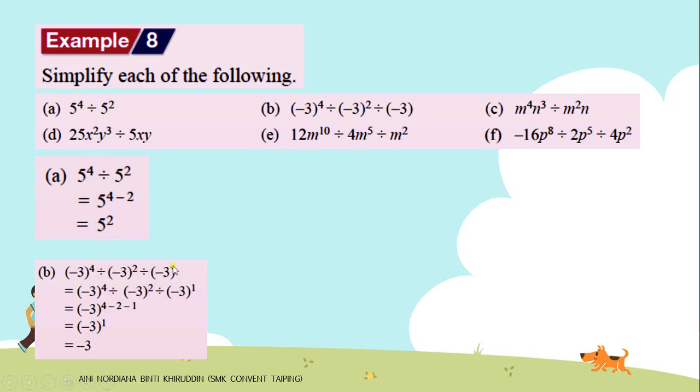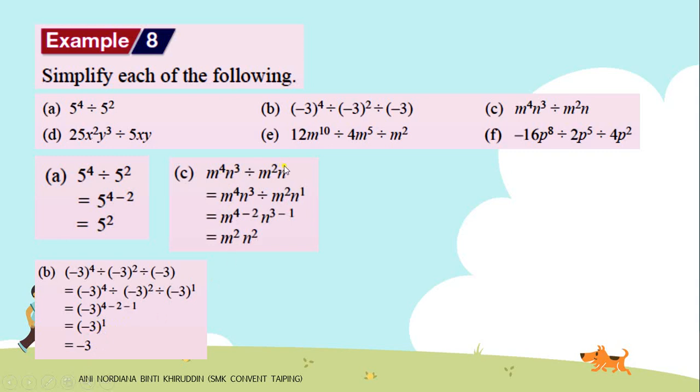Okay. There is no power written here, but it doesn't mean it has no power. So the power is actually 1. So don't forget. So 4 minus 2 minus 1 equals 1. So for the final answer, we don't write the power 1 here.